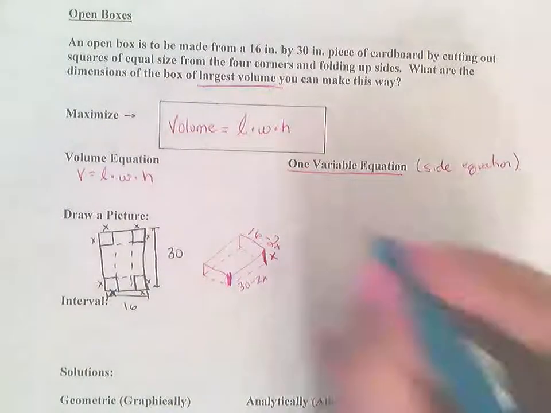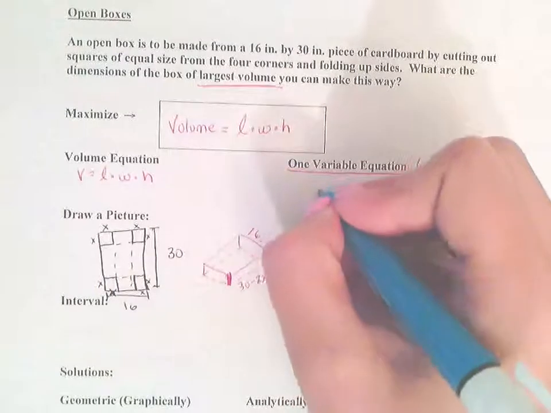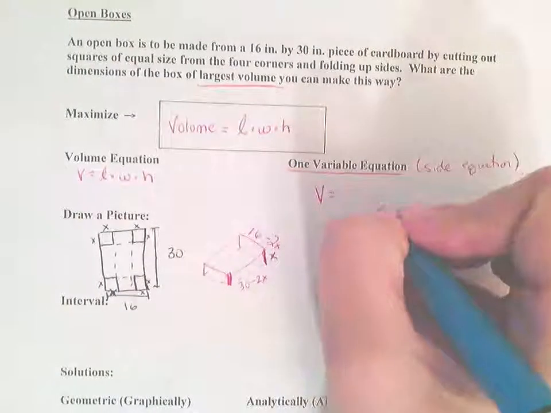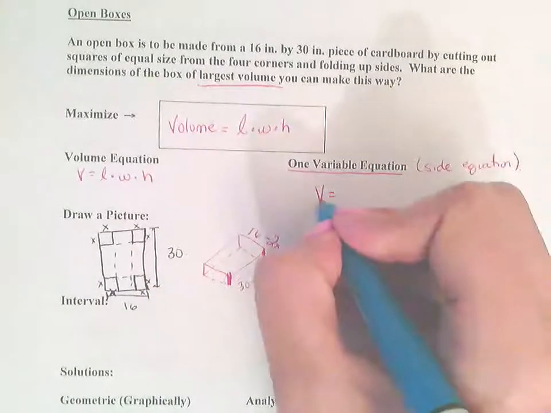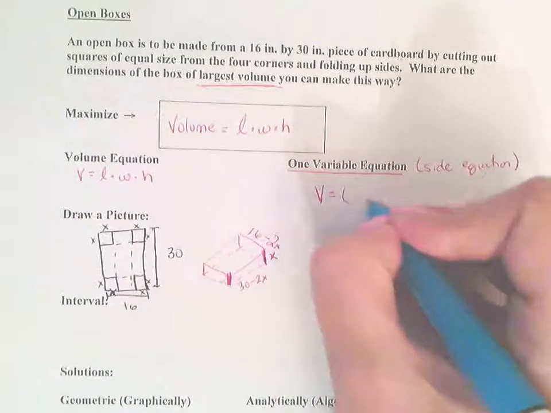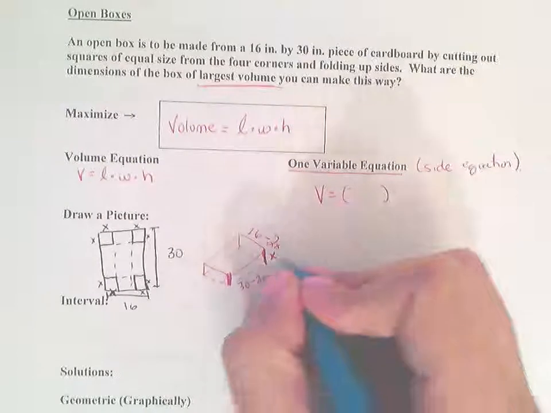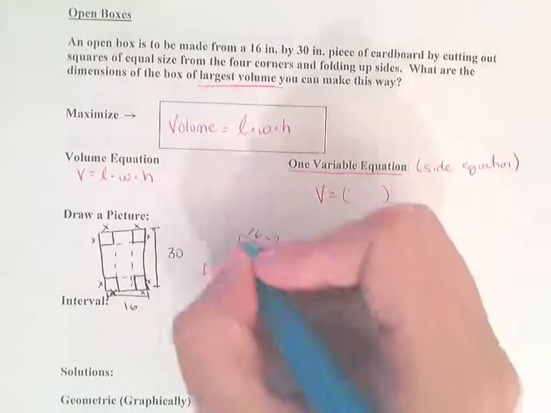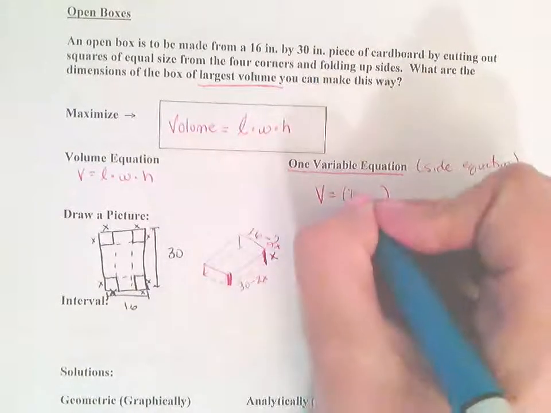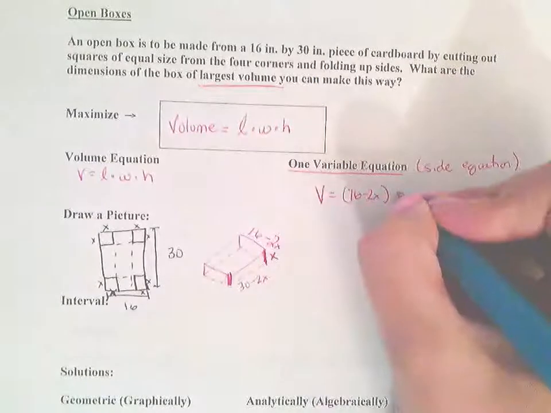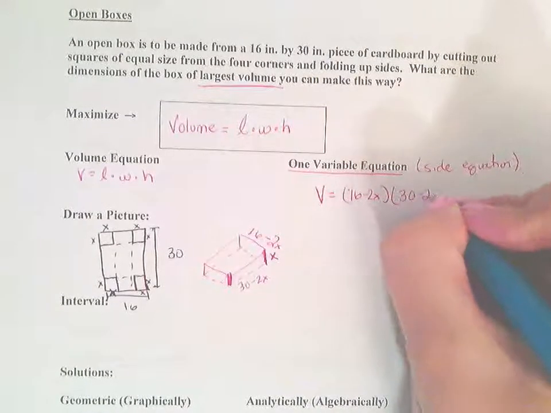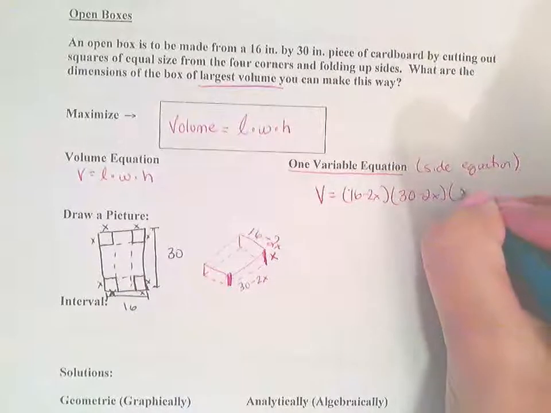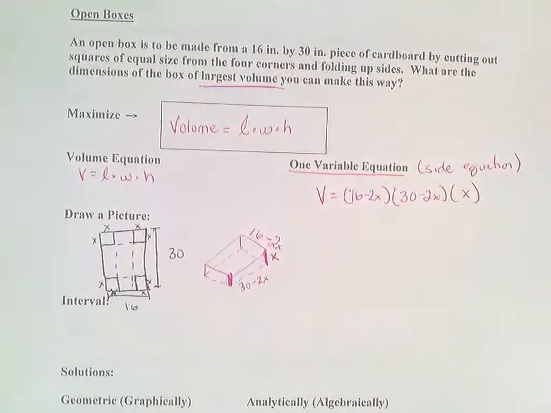No. So once I drew my picture, I realized that I can just maximize the volume equation, which is volume is length. And what is my length here? 16 minus 2x, but it really doesn't matter which one you do first, second, or third. My width is 30 minus 2x, and my height is x.